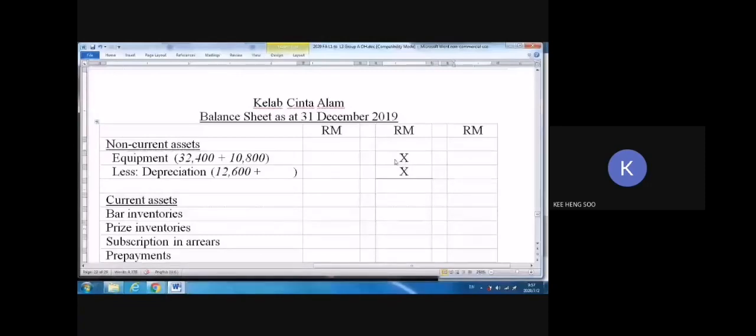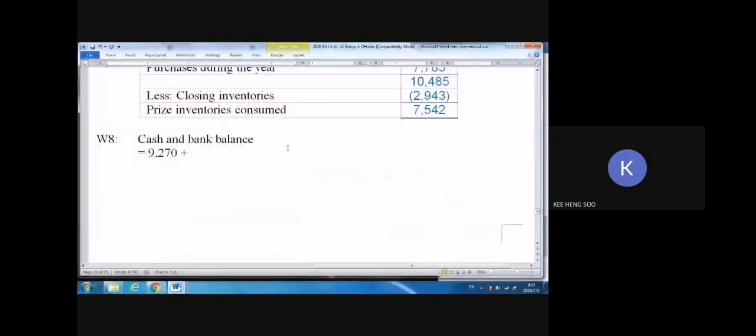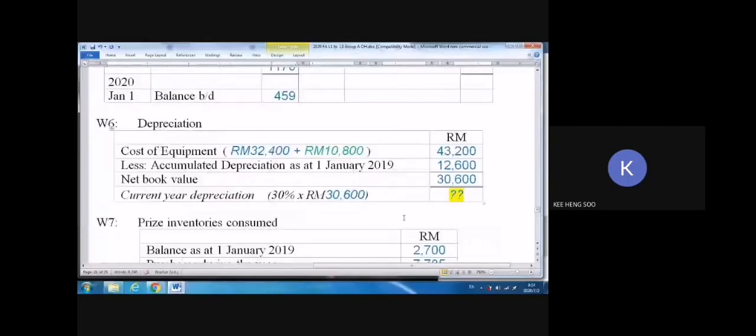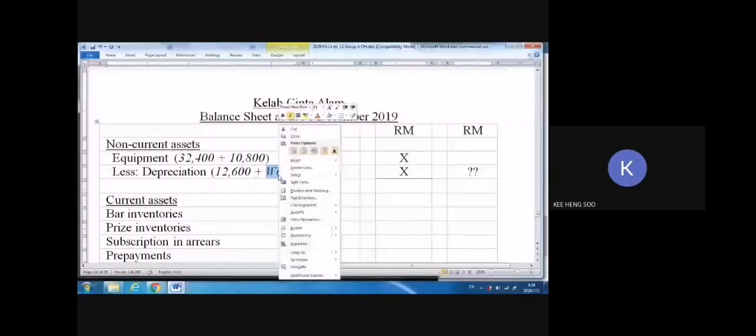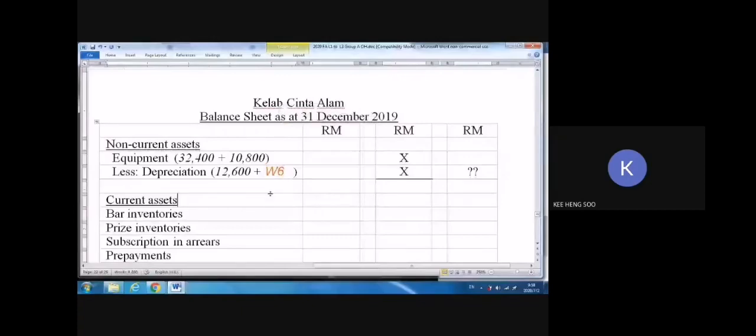You do yourself. Working already up there. Depreciation for the current year, just now you already calculated, am I right? Current year depreciation is here, working number 6. Okay, maybe I put there, working 6.